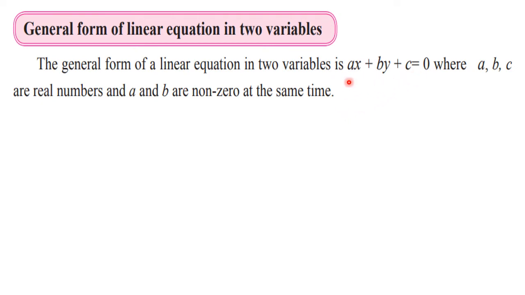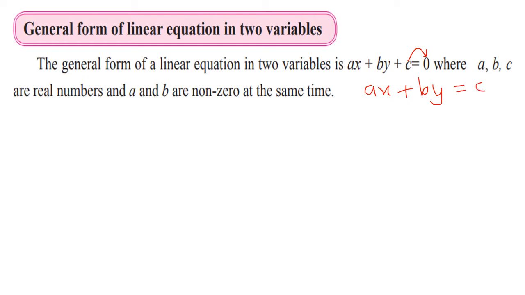Here the general form is given as ax plus by plus c is equal to 0. But we can shift c to the right hand side, and while solving the sums, we are going to use the form ax plus by is equal to c.